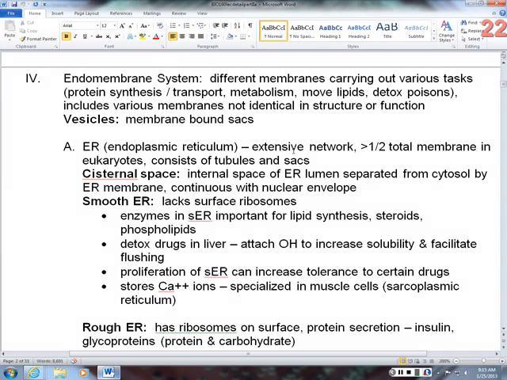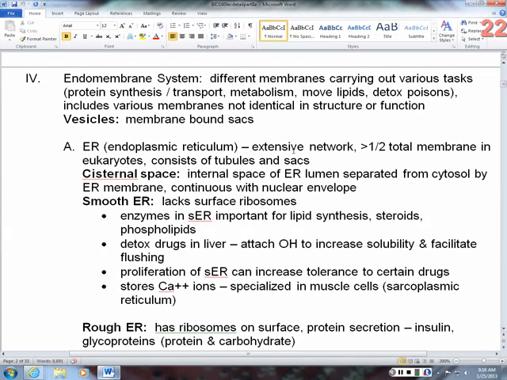Proliferation of the smooth ER can increase tolerance to certain drugs. That's one of the reasons why with certain drugs you need higher and higher amounts of it: it's involved in processing that drug. When you take a drug, you are taking in a toxic substance for a desired effect, so you could OD on virtually any drug.